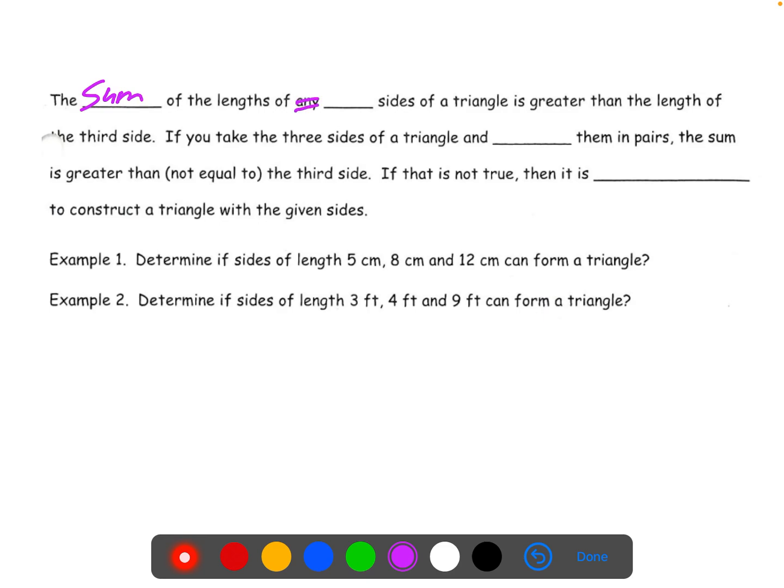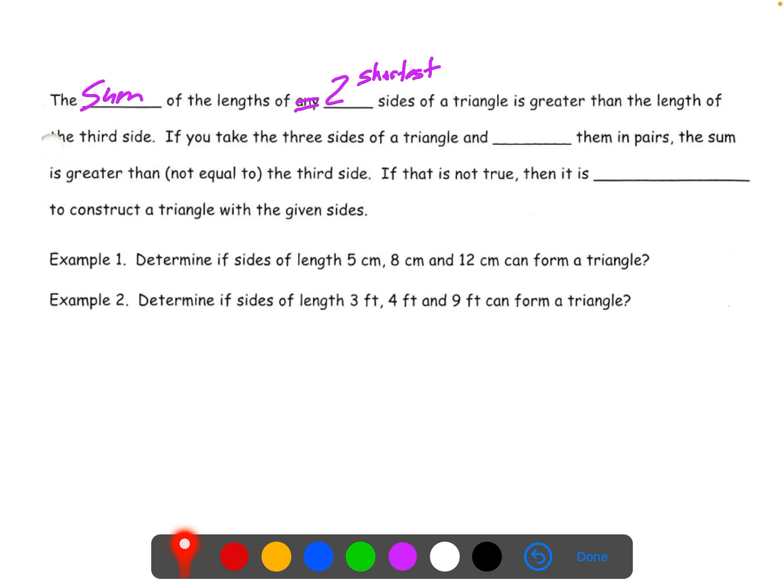We're going to cross out the word any and put two shortest. All right, so the sum of the lengths of the two shortest sides of a triangle is greater than the length of the third side.